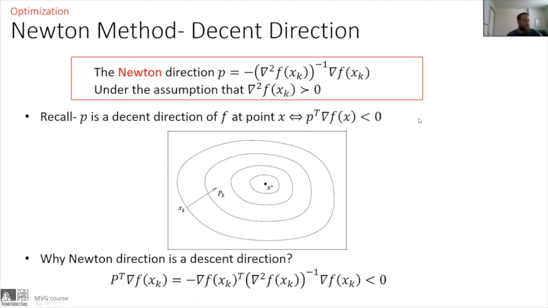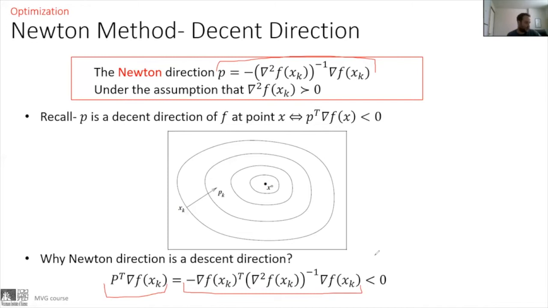So let's verify that this is the case for the Newton direction. It's very simple. We take the inner product of the direction with the gradient, put in our definition of the direction, and we get this quantity, which is smaller than 0 by our assumption that the Hessian is positive definite.